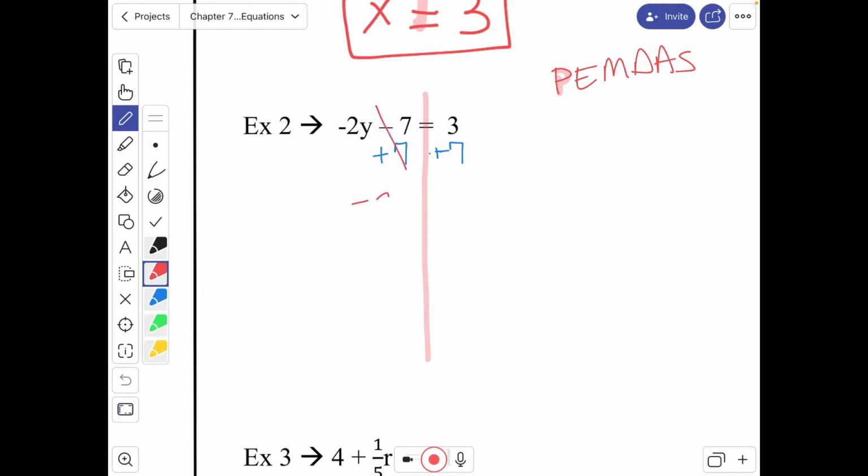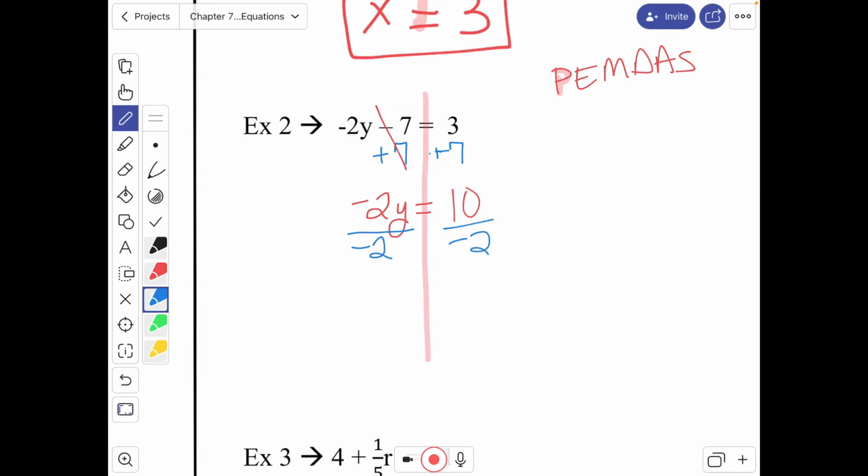And the only thing that comes down is negative 2 times y, and the equal sign comes straight down. And 3 and a positive 7 make 10. And then the last thing to undo is the multiplication. So the opposite of multiplying by negative 2 is dividing by negative 2 on both sides.